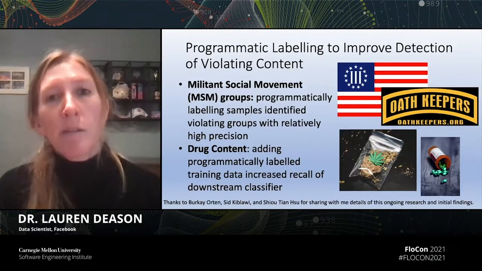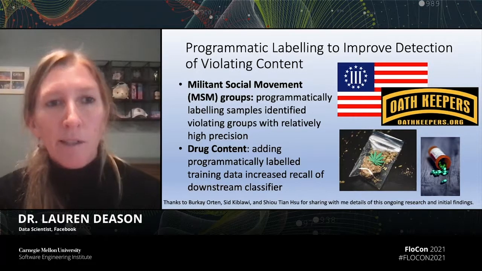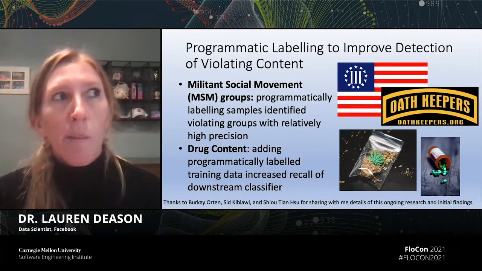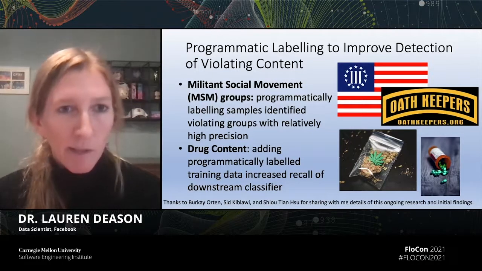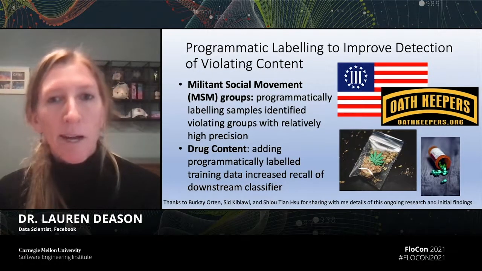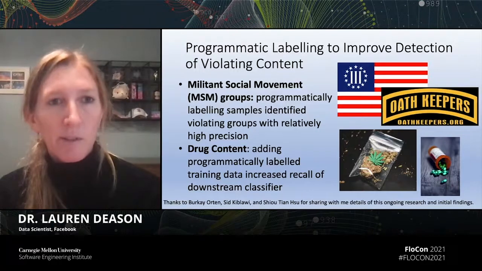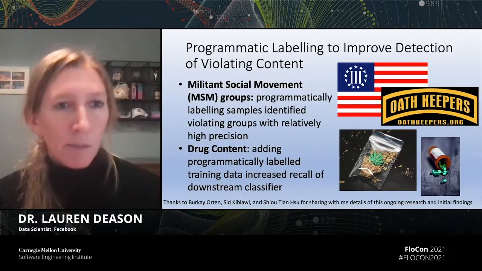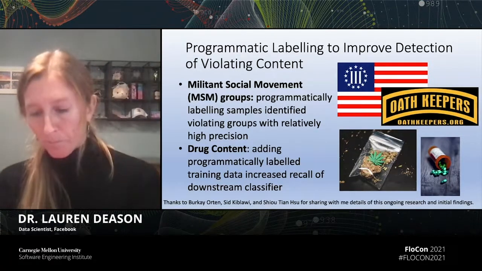Okay, so I've kind of glossed over so far in these past two examples what the actual classification model looks like. I've just been talking about how we get the large volume of labeled data that we need to get good results from the model.